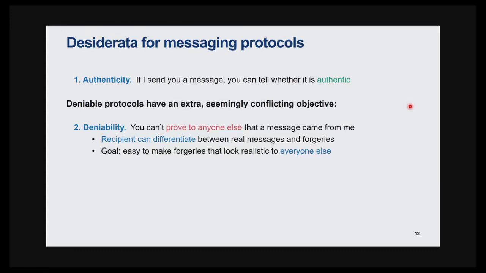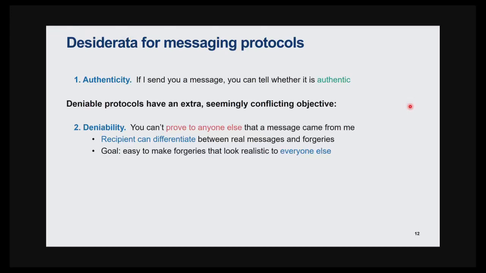So what you want is for any third party to not be able to differentiate between a message that the actual sender sent and a message that somebody fabricated. And typically, deniability is provided by ensuring that there is sender authentication, but after the fact, anybody can produce a transcript that looks like the genuine transcript.